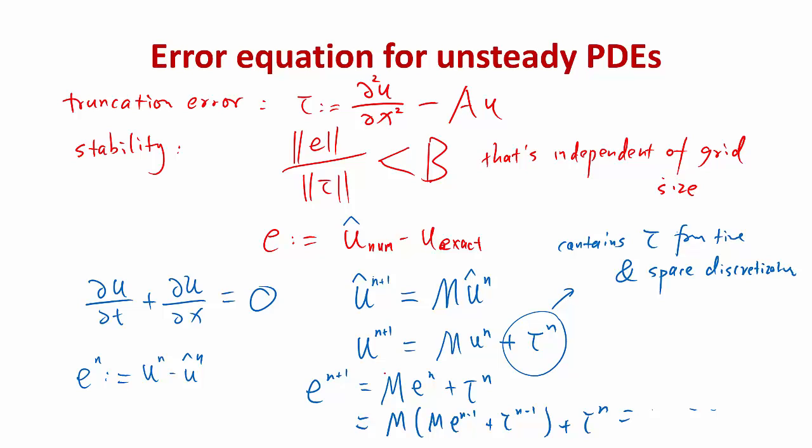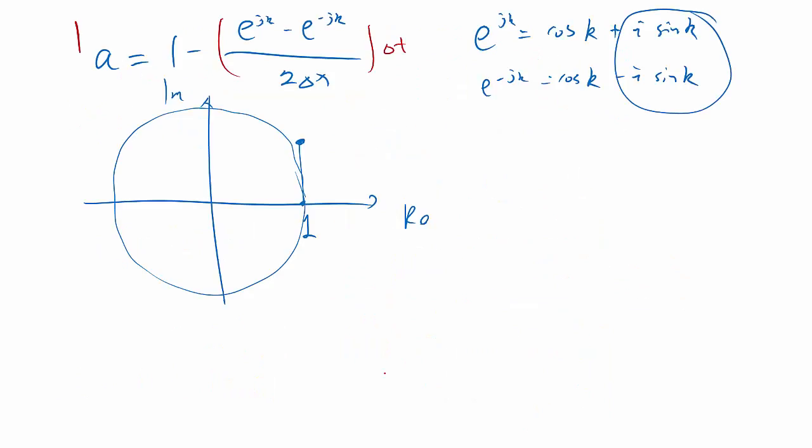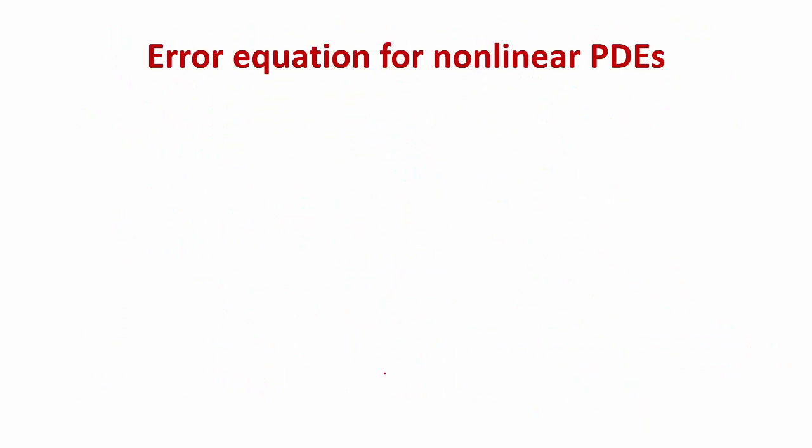That works not only for linear equations but also for nonlinear equations. The exception is that for nonlinear PDEs, we need to linearize the PDE in the error equation. I mean, the assumption is the error is sufficiently small so that the difference between the analytical, exact solution and numerical solution can be linearized.